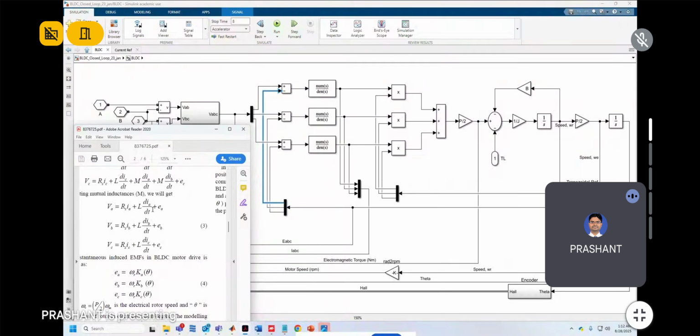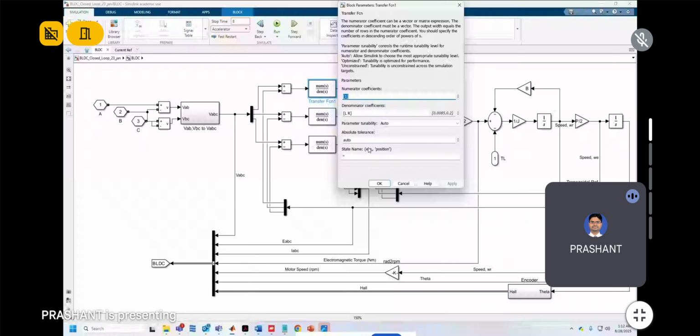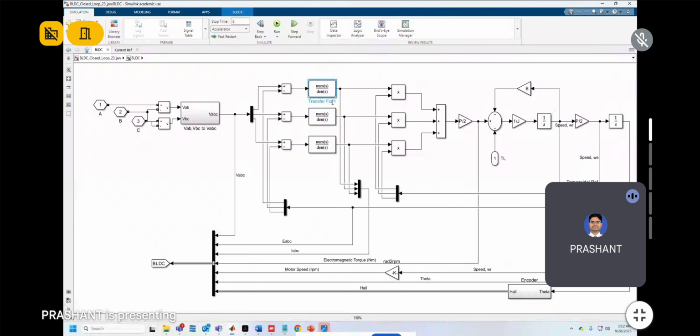You may know how to simplify these equations. So this will give the current equations. This is how in the transfer functions we can write L and R. Now from there, VA minus EA upon the transfer function is equal to IA.